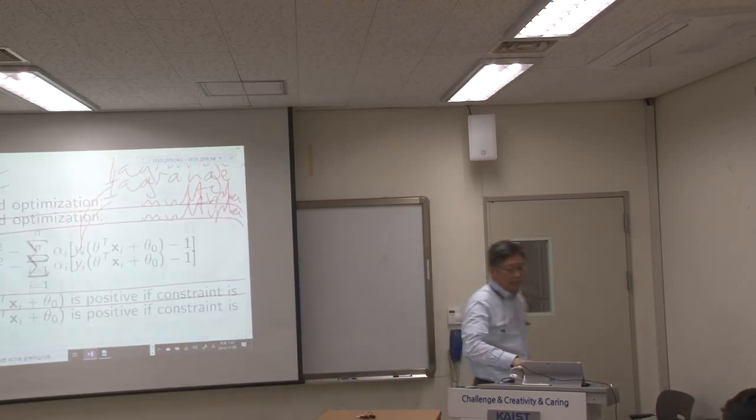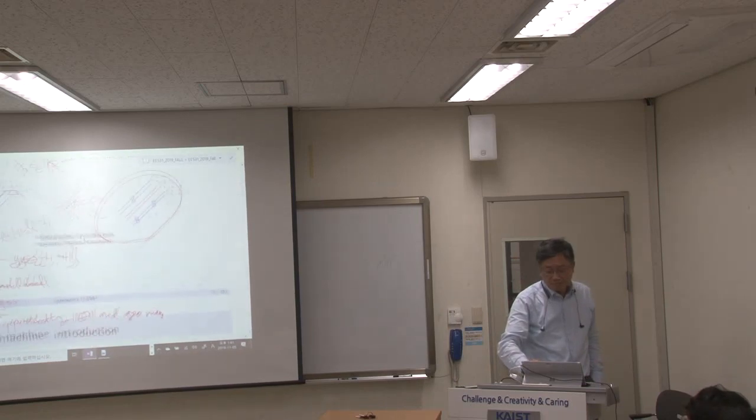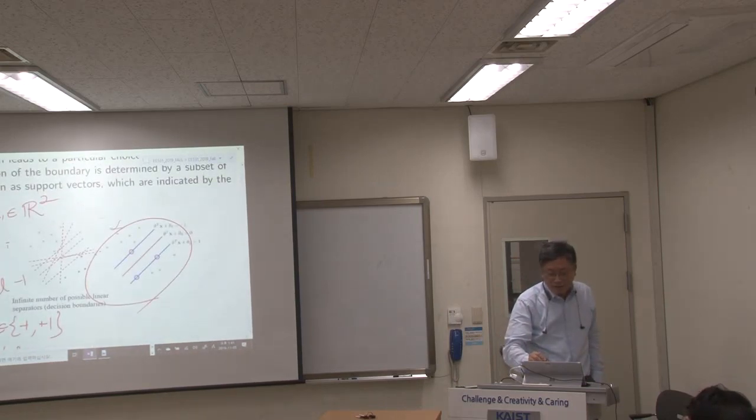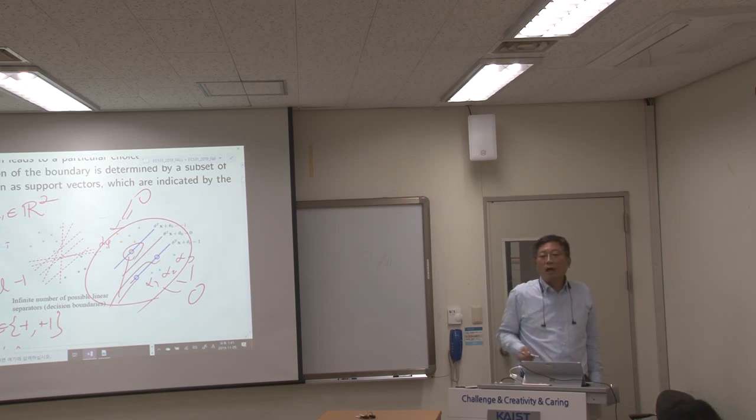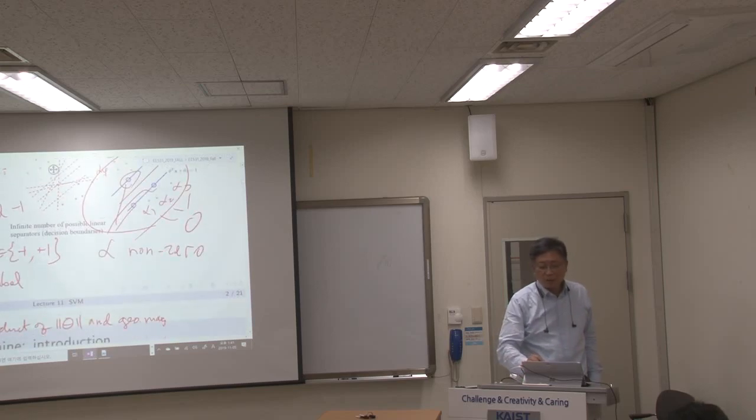So the corresponding alphas on these things, alpha 1, alpha 2, alpha 3, alpha 4, and all of that, they will all be 0. But for these ones, alpha does not have to be 0. Alpha non-zero value. Non-zero positive value.